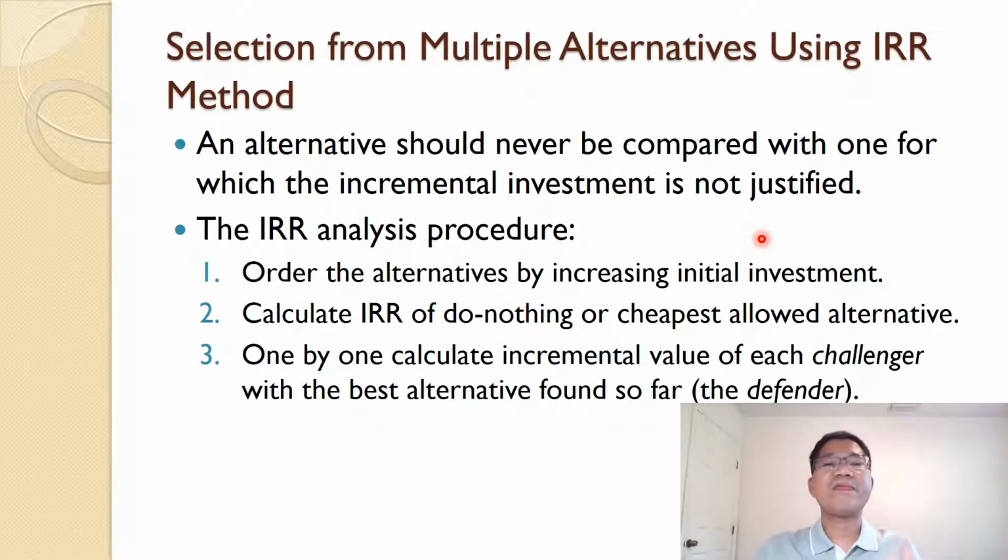And then when you find the defender or the champion, then one by one calculate the incremental value of each challenger with the best alternative found so far, called the defender. So if the challenger wins, it becomes the new defender. So that is the 3 steps. Now apply to problem 3.